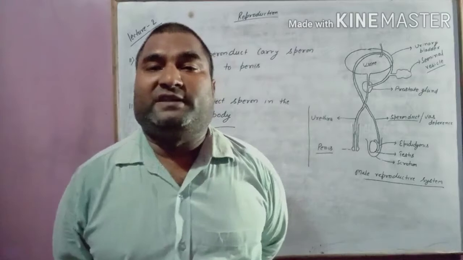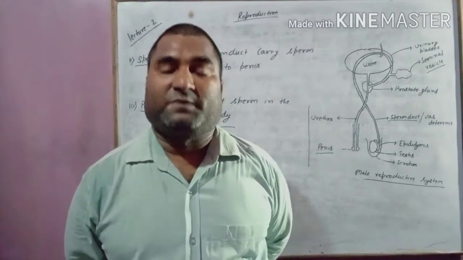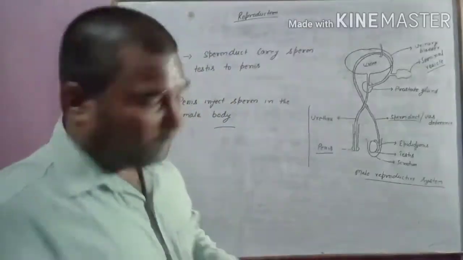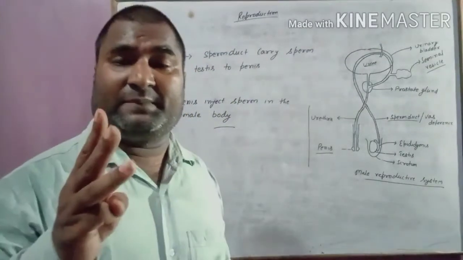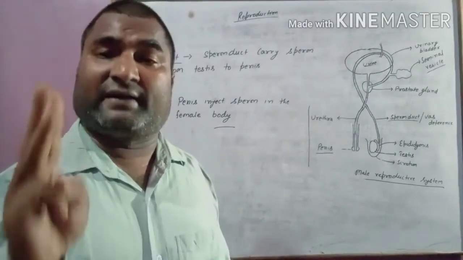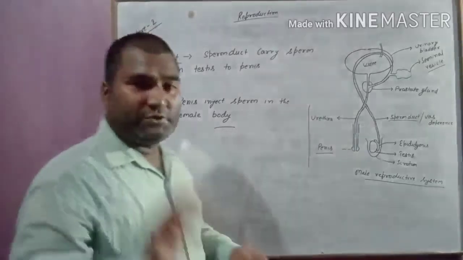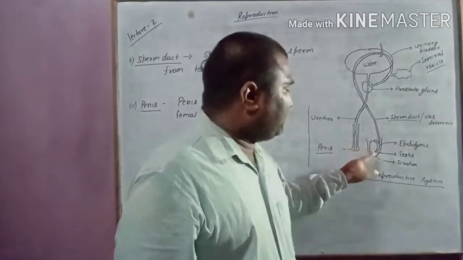One more thing that you have to see is the structure of sperm. The structure of sperm consists of three parts: a head, a middle piece, and a tail. Before going into that, I am giving you one more revision here.